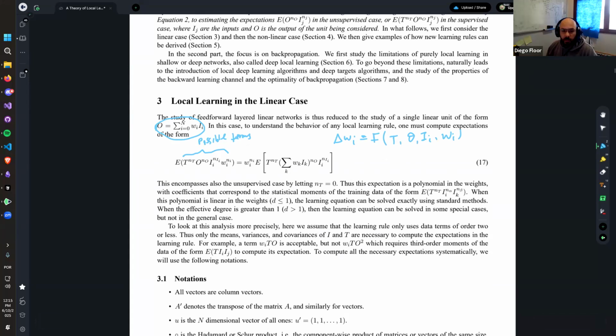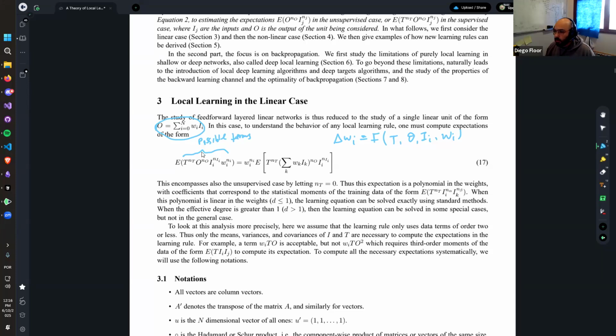Let me go to my notes here. So it's a feed-forward linear network, and we're going to focus the analysis on specific nodes, as I said before, and functional forms that are polynomial specifically. So the learning rule is going to be a function of t, the specific node, the inputs, and the weights of the inputs with it.